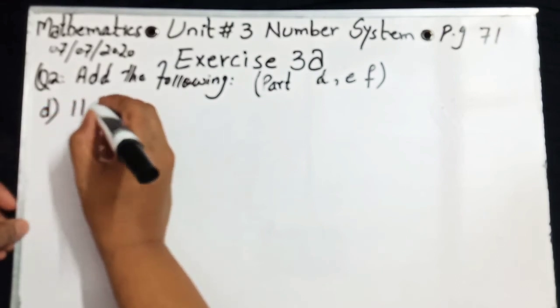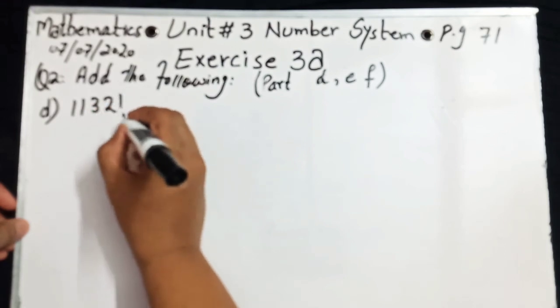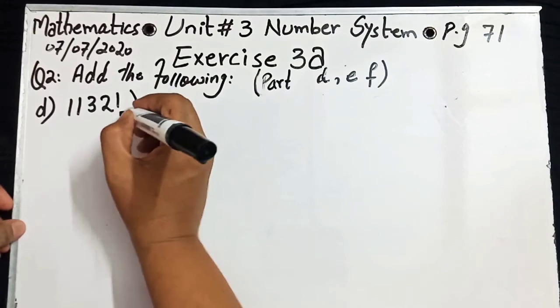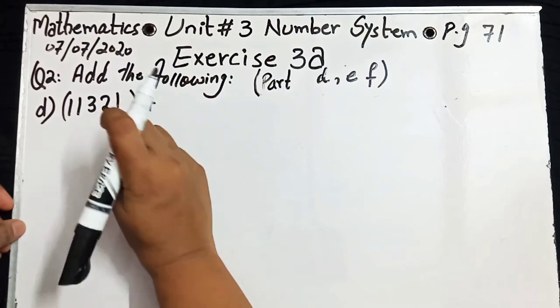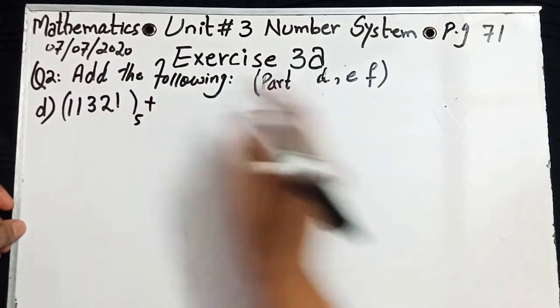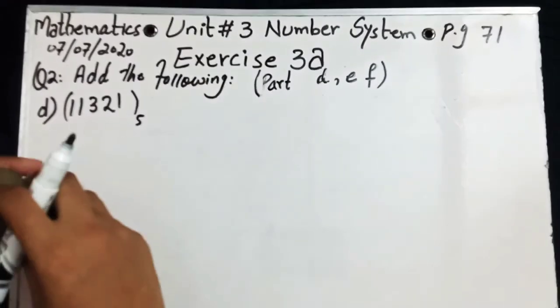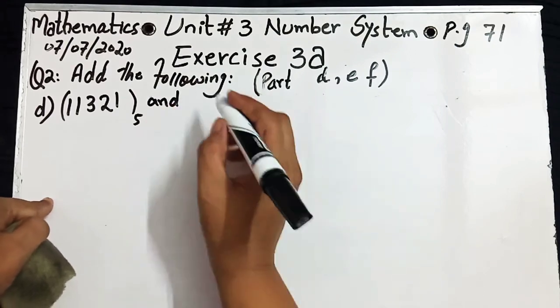11321 base 5, plus 2240 base 5. The plus sign is not given in your book, but both are correct.